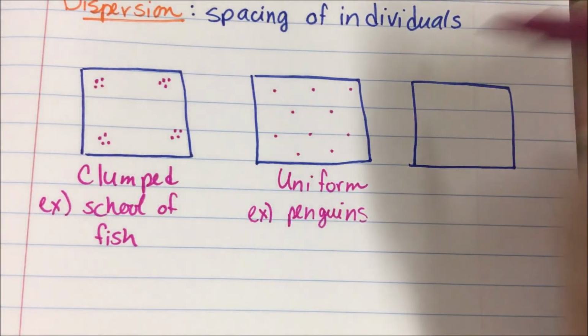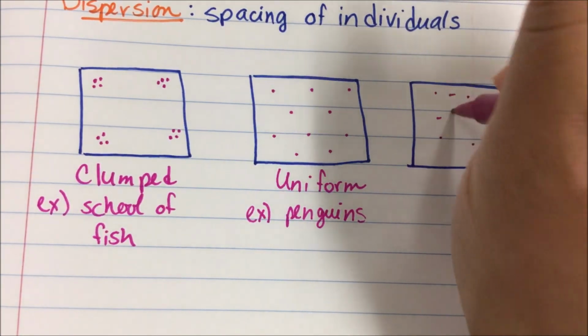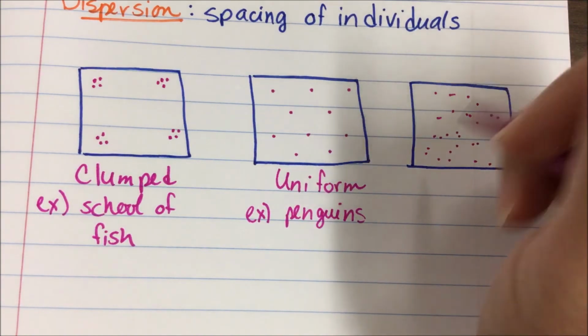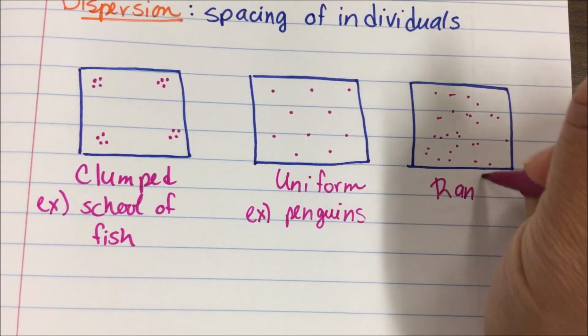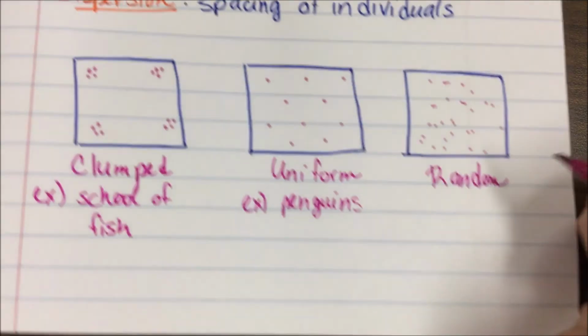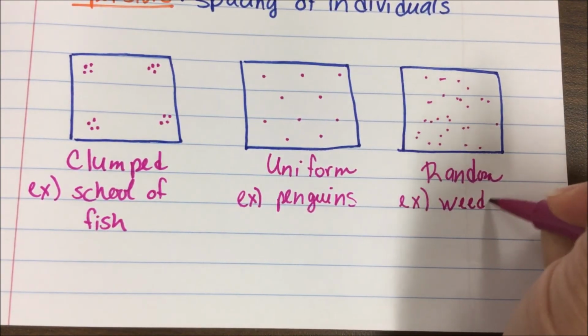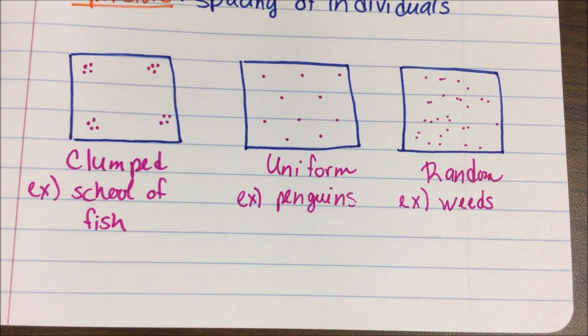And then the last one is completely random. An example of this one would be weeds in the yard. Weeds grow wherever they want to. So these are our different characteristics of a population. We're going to be working on this throughout the week, and you will have a lab over this. Let me know if you have any questions.